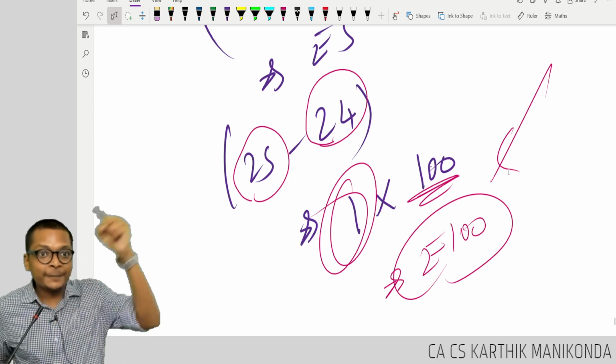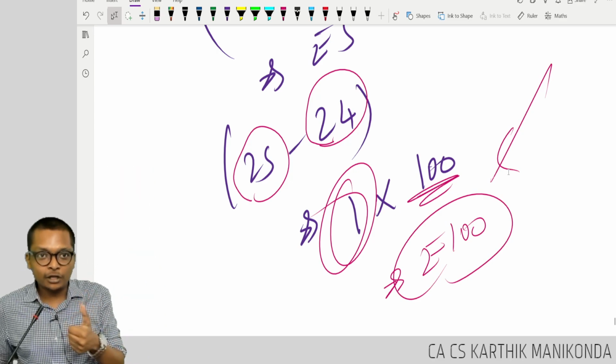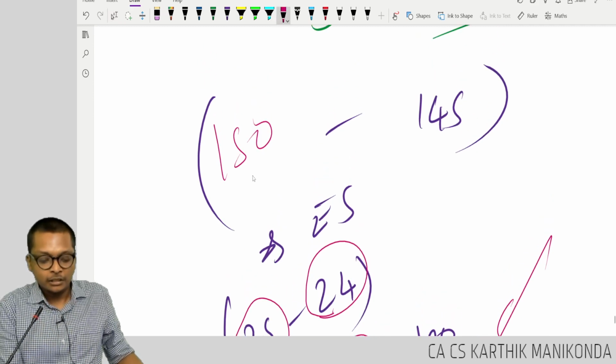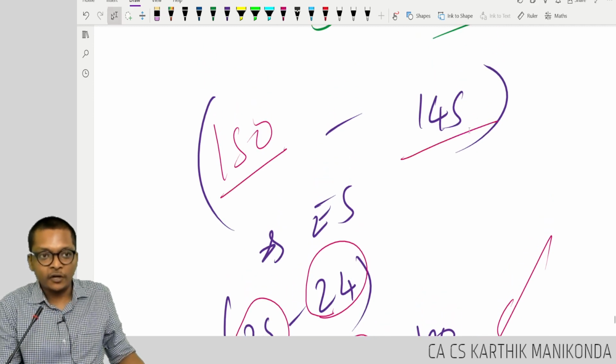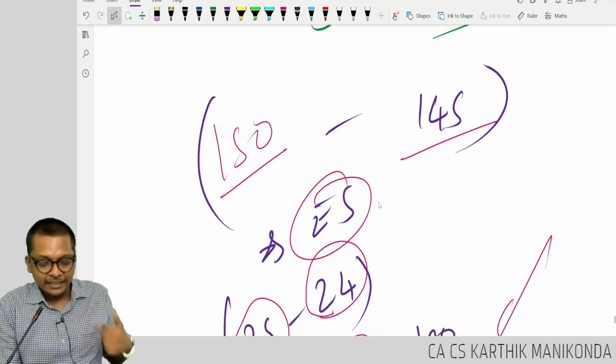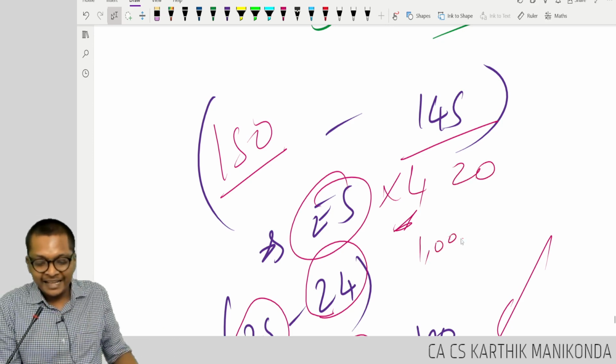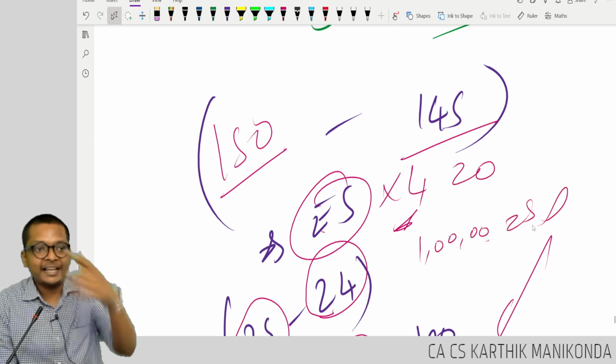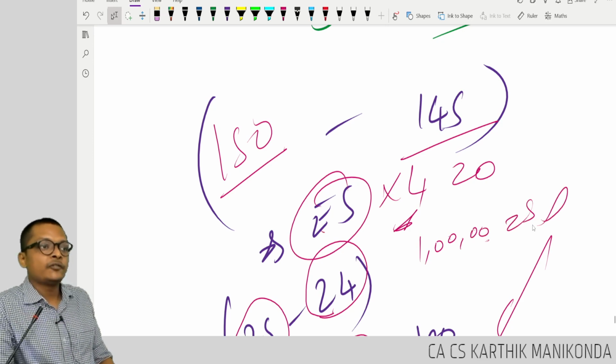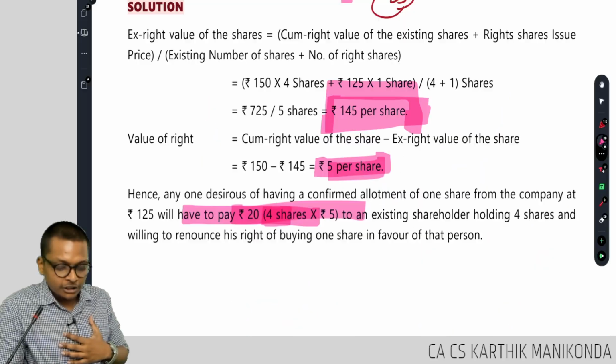Correct? That's why he paid 100 in our example. Are you getting the logic? Same way in this question, 150 was the price per share and it became 145. Loss per share is 5. In the book they assumed 4 shares, so 20 rupees. If you have 1 lakh shares, 1 lakh into 5, 5 lakh should be paid. Are you following, guys? Understanding the logic of this equation?